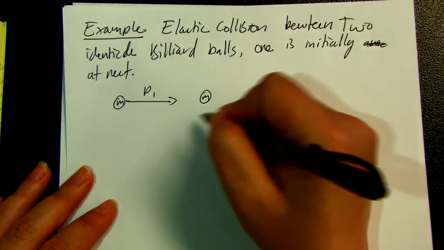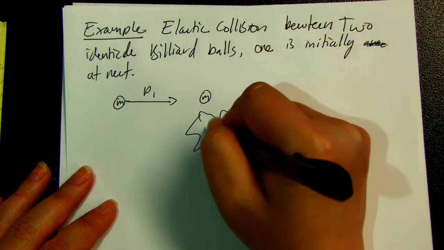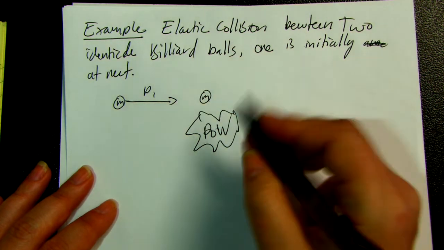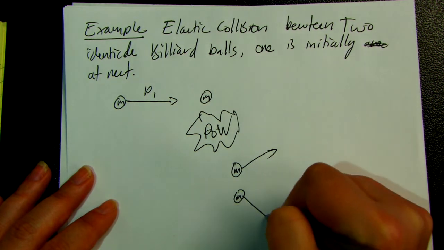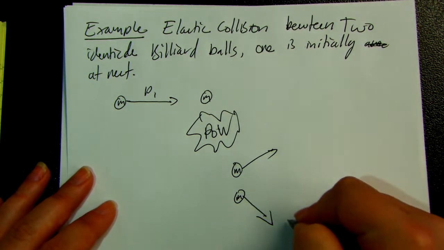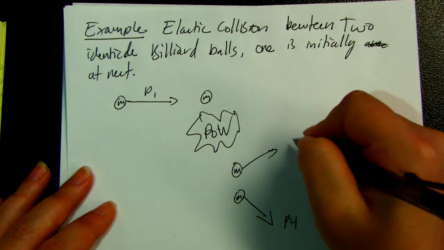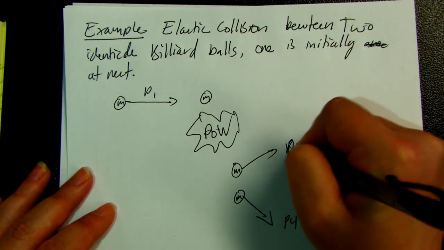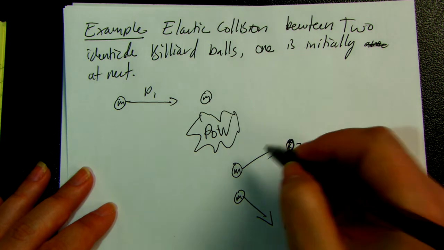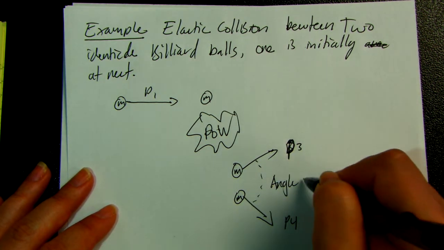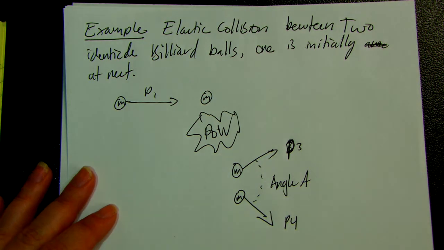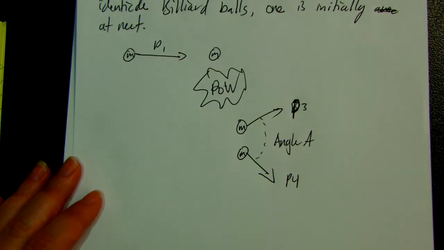Okay, so they hit, pow, and then we have P4, P3, that is a P, not a B, and you've got some angle A between them. So this is the story we're telling.